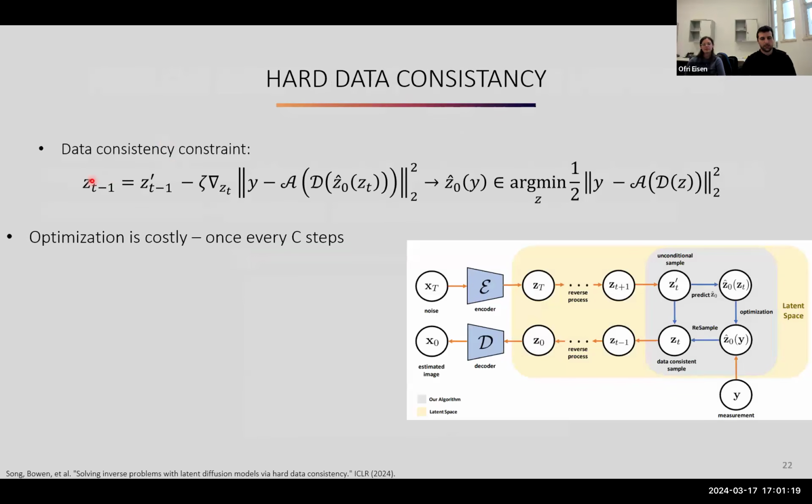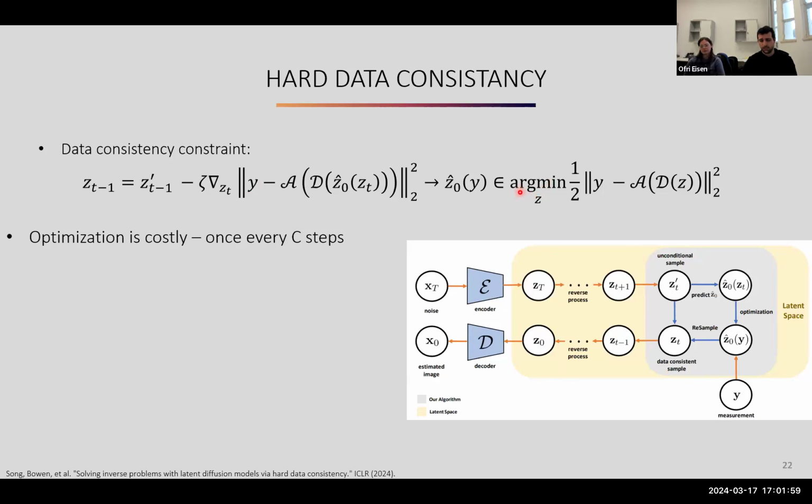As we said, you have soft data consistency, which is basically just using incremental steps. Each time you do an update, you not only do the unconditional update, which is from ZT to the next Z, ZT minus one. You also use this term, which gives you some data consistency, but it's not enough. So what they chose to do is use hard data consistency, which is basically just solving some optimization problem.